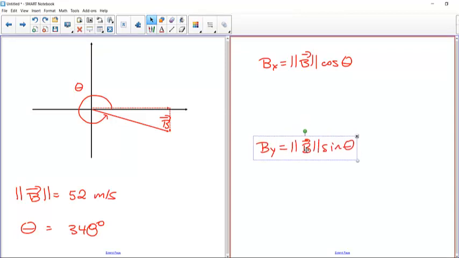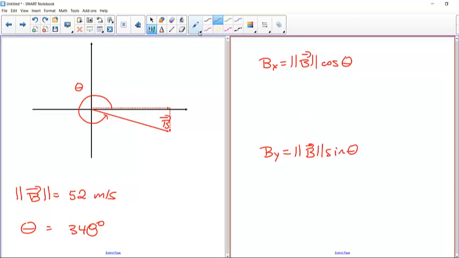So hopefully this will just all turn out to be perfect. Okay, so the magnitude of B is 52 meters per second times the cosine of 348 degrees. 52 times cosine of 348 degrees is 50.1 meters per second.